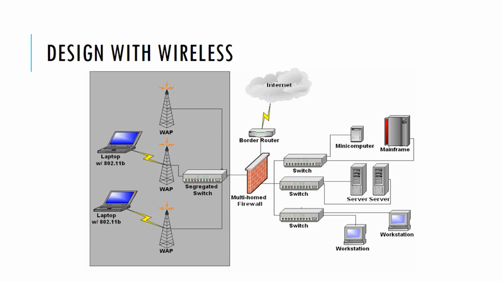So we can see some features of security here in this design that can be demonstrated through, first, installing all the wireless access points on a segregated switch. Then this segregated switch is connected to the internal network through the firewall and not directly connected to the wired network.